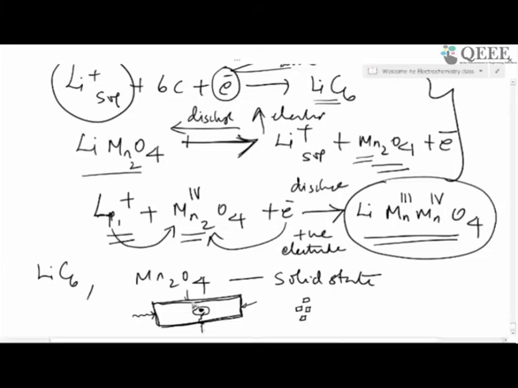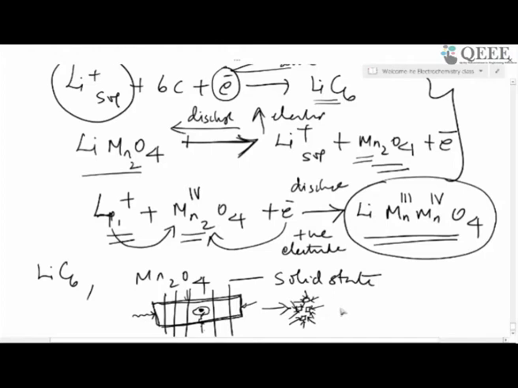Because of this, you will have over voltage in the cell. Now to avoid over voltage, what you can do is divide this particle mechanically into many pieces and make a nanomaterial. If you make a nanomaterial of Mn2O4 and make a positive electrode out of that, then you can imagine there are so many surfaces available for the lithium to get in. That means diffusion of lithium inside these nanoparticles of Mn2O4 will be much easier.